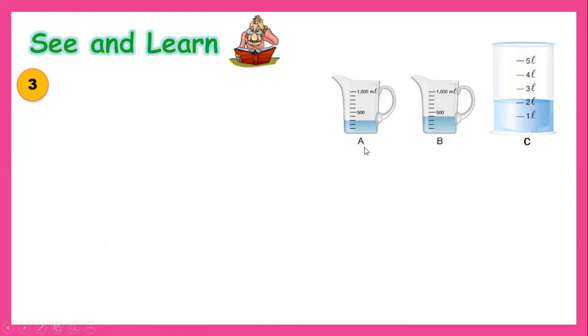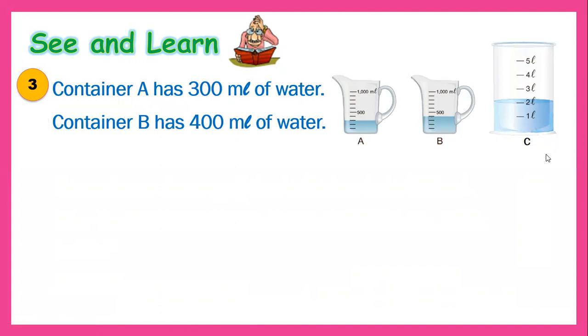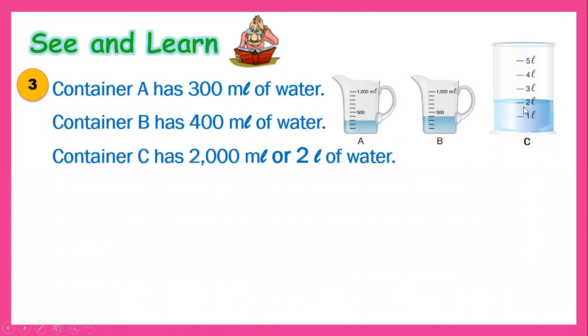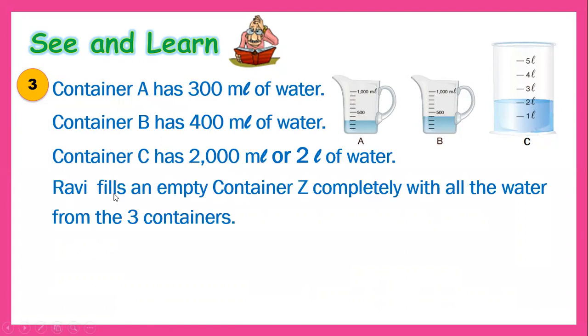As you can see, container A has 300 ml of water. Container B has 400 ml of water. And container C has 2 liters of water or 2000 ml of water. Robbie fills an empty container Z completely with all the water from the 3 containers.